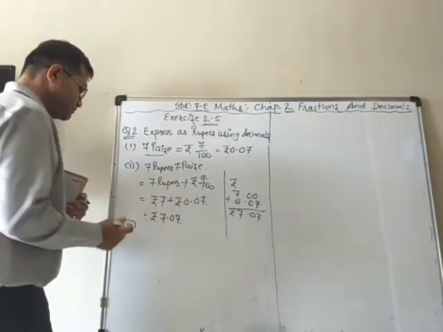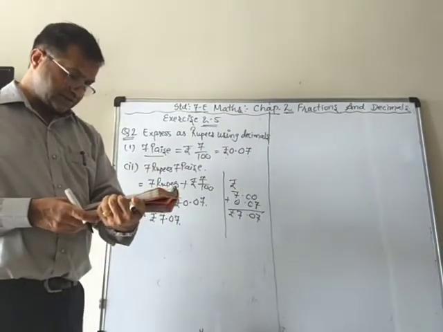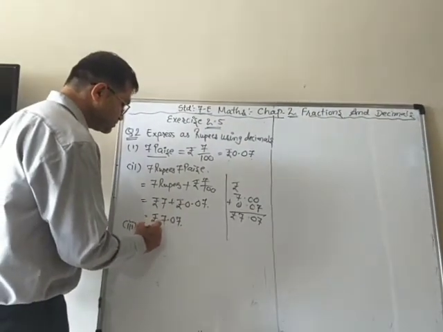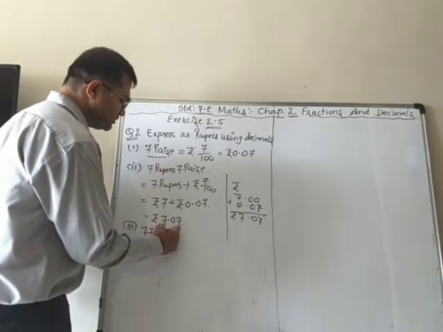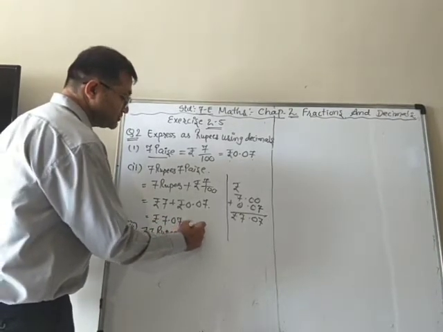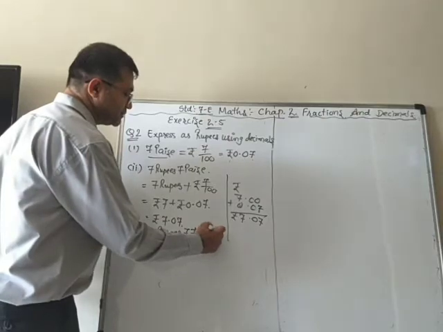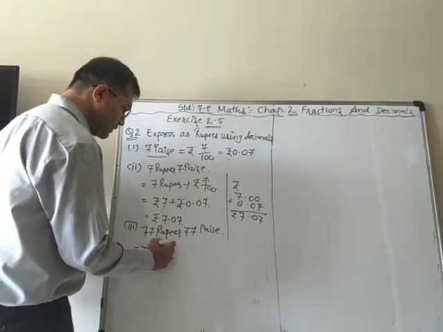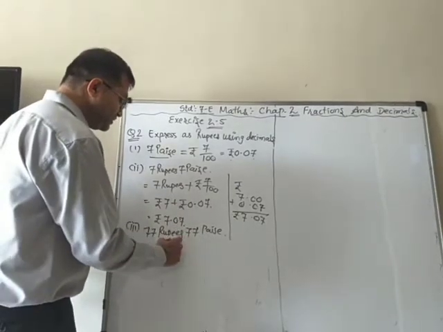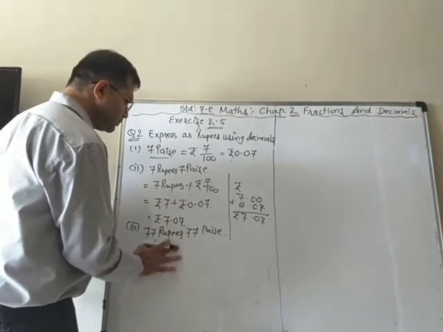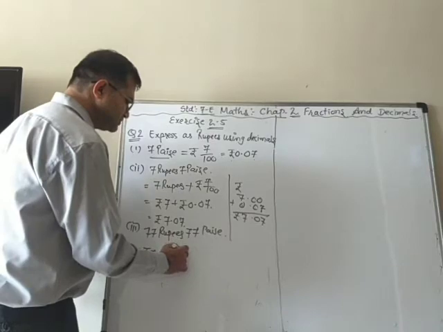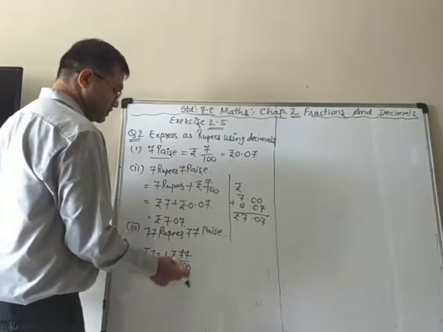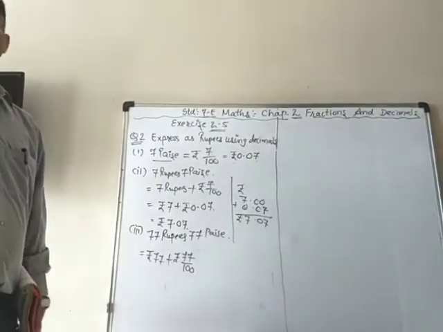Take the third one. The third one is 77 rupees 77 paise. So we will keep rupees as it is, plus 77 paise means rupees 77 upon 100. As I told you, we have to divide it by 100.